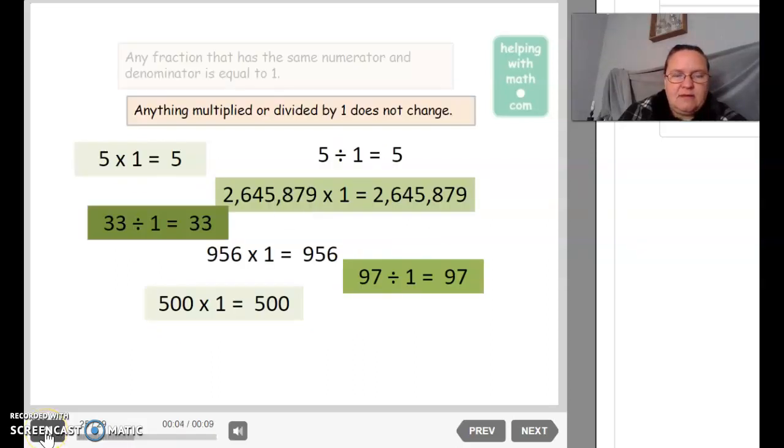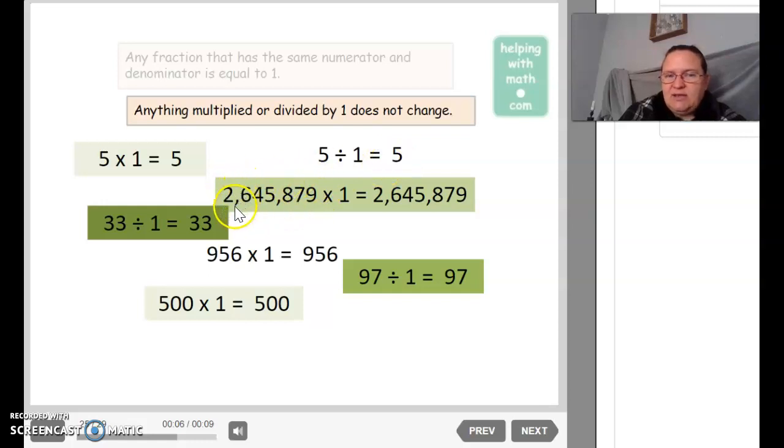Anything multiplied or divided by 1 does not change. I'm beginning to understand where she's going with this. If you take a number like 5 and you times it by 1, 5 doesn't change. It remains the same. And the same if you divide it by 1, it doesn't change. So you can take a number like this.